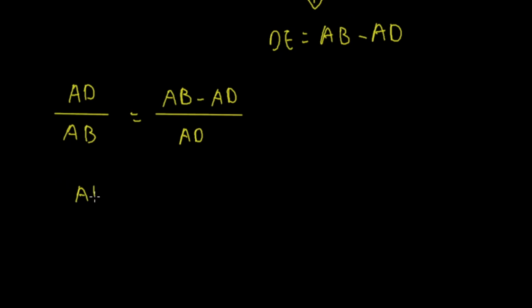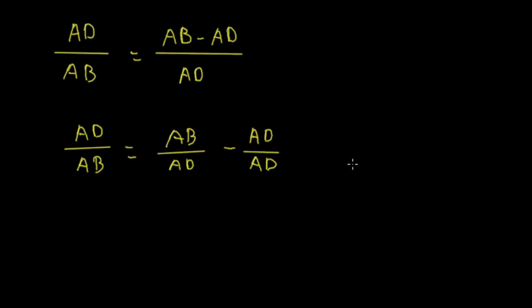We have AD over AB equals AB over AD minus AD over AD. And that will give me AD over AB equals AB over AD minus 1.